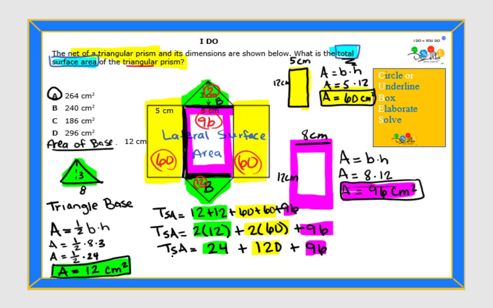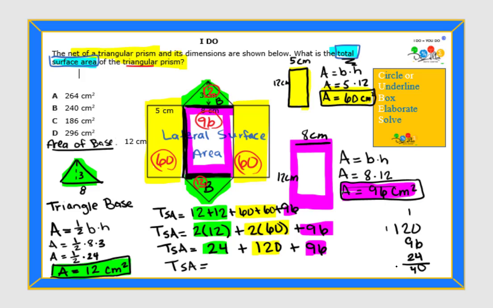Now we'll go ahead and add that up to get our total. I'm going to use this little space right here. 120, 96, and 24. So that's going to be 10. That's 9, 10, 11, 12, 13, 14.